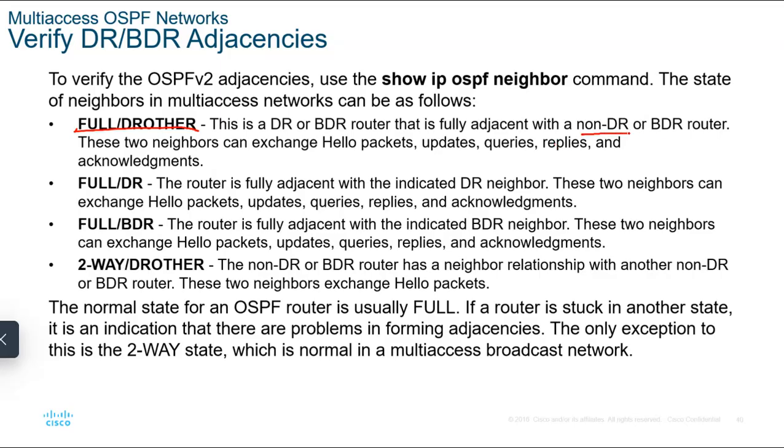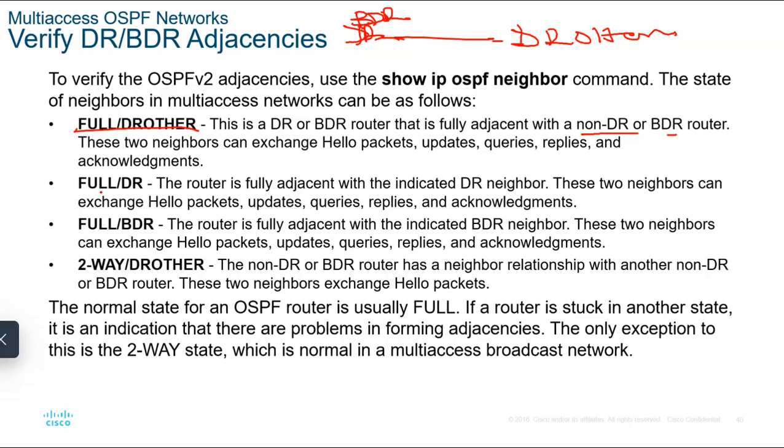It's neither DR nor BDR, but it is connected to a BDR or DR. Meaning that at one end it is either DR or BDR, but the other side is DR others. That is what it means.